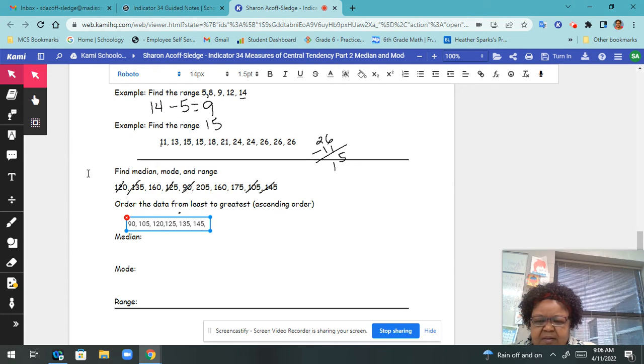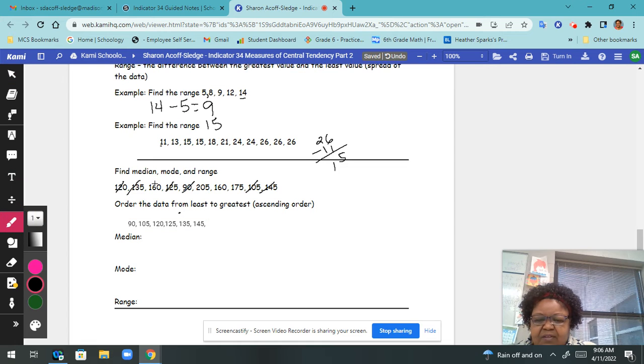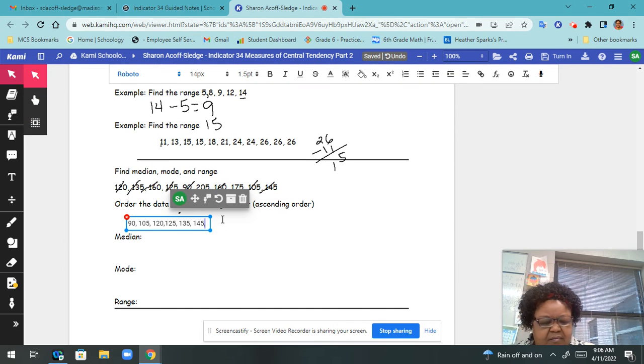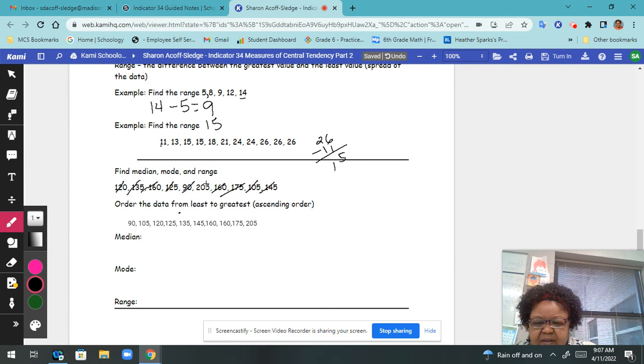And what's next? 160. And I have two of those. What's after 160? 175. And it looks like 205. Let me mark those off: 175 and 205. I don't see anything else.